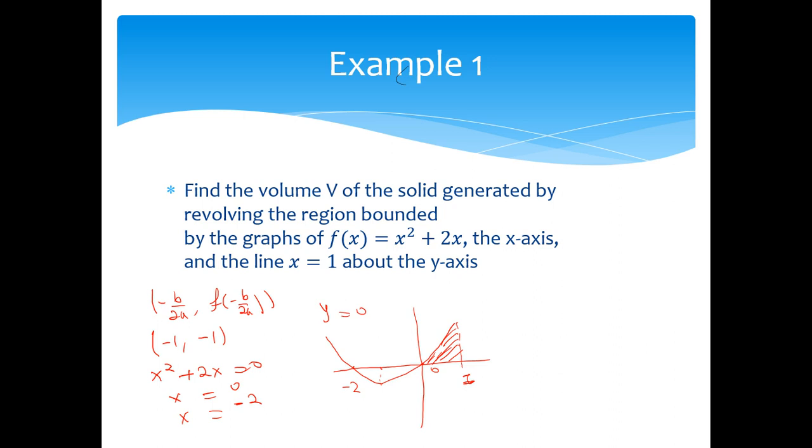So now we can use the shell method formula, which says V is equal to 2 pi integral from 0 to 1 of x times x squared plus 2x dx.